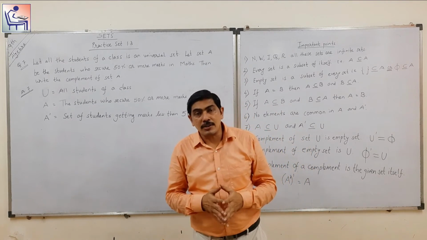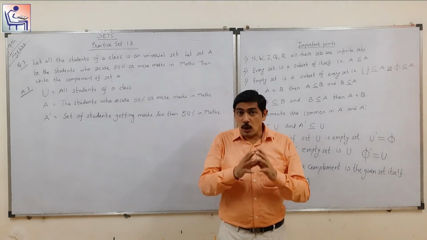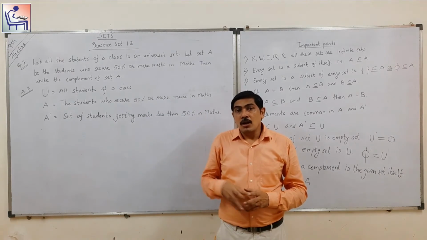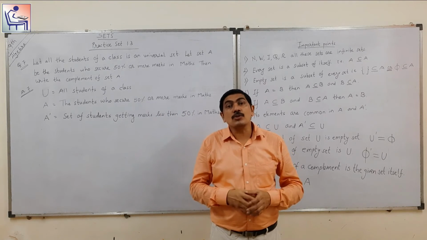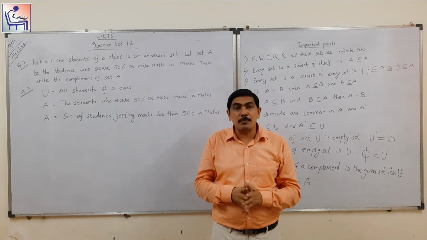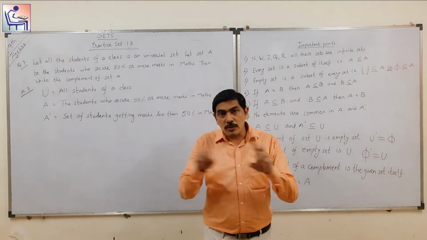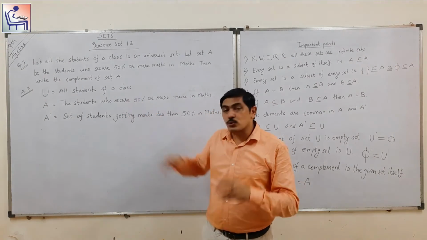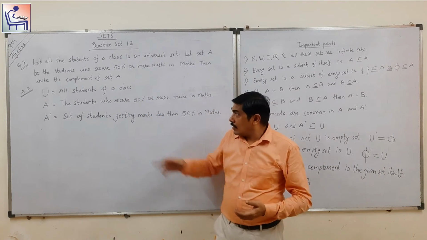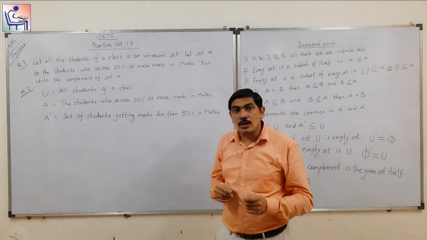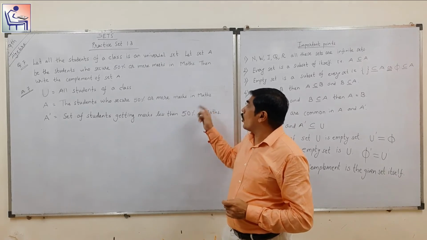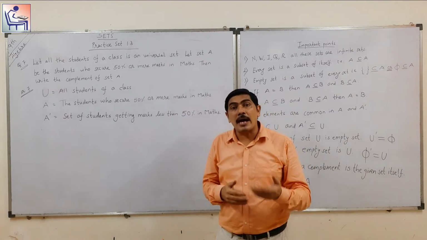All of you know that universal set में जो elements होते हैं और जो set A में नहीं होते, वो सारे complement of set A में आते हैं. So universal set is what? All students of a class. Then set A is the students who secure 50% or more marks in maths.